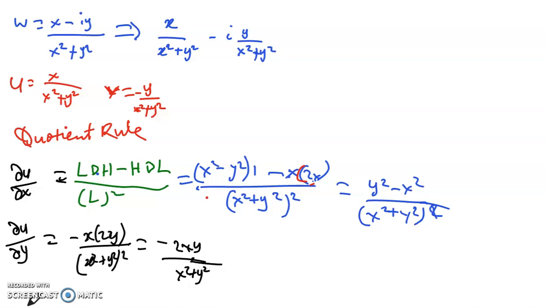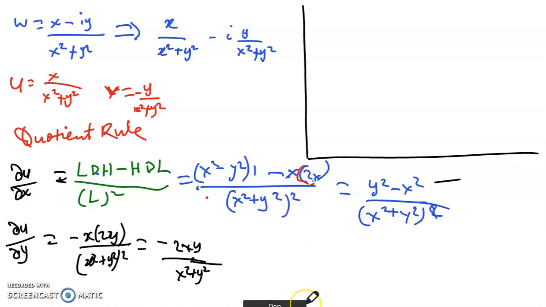Okay, so now we want to go ahead to find partial v, partial y. For partial v, partial y, we are still using our formula, low d high.